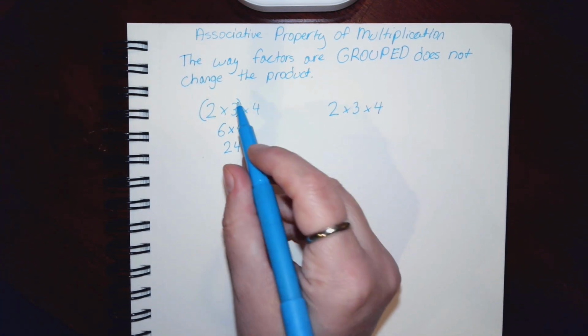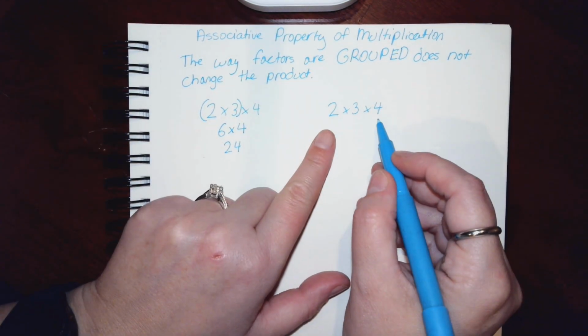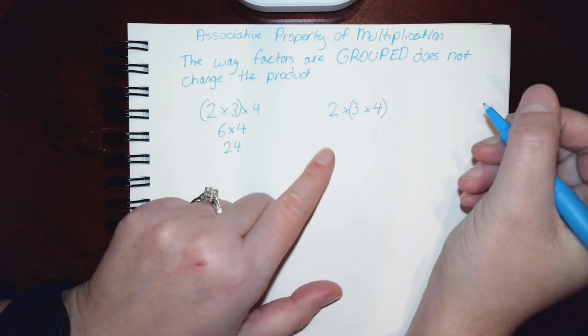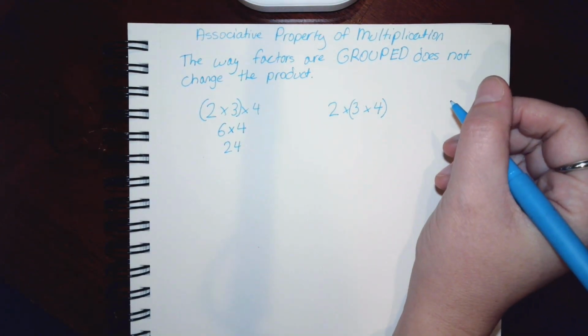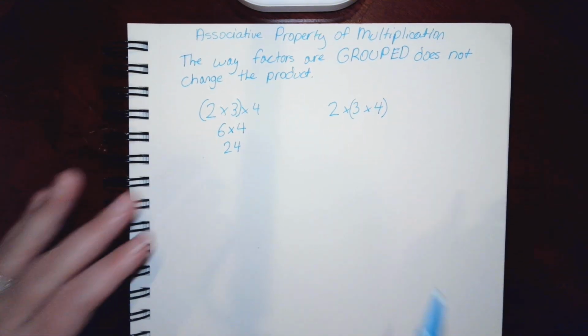Now, I grouped with 2 times 3. So now I'm going to look over here and I'm going to group 3 times 4. Okay, so that means because I put my parentheses around 3 times 4, I'm multiplying that first. And yes, it is important right now.